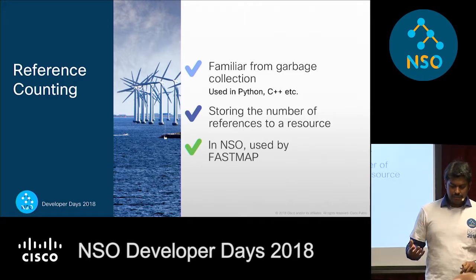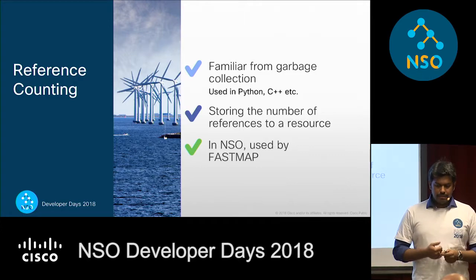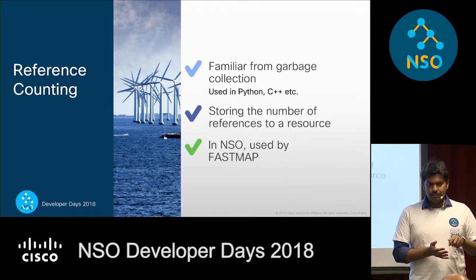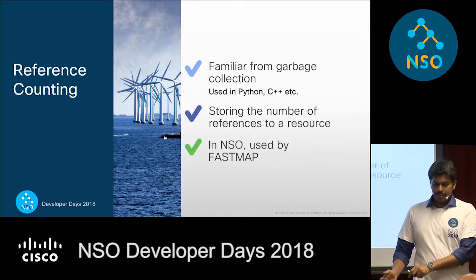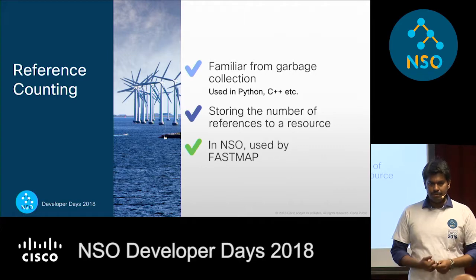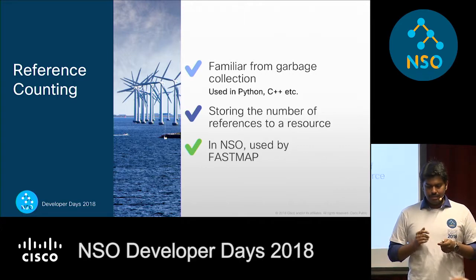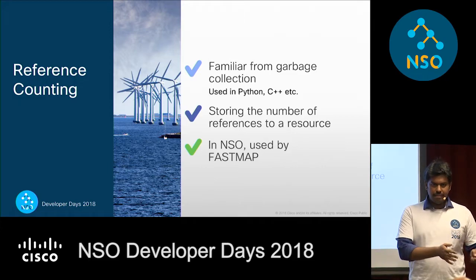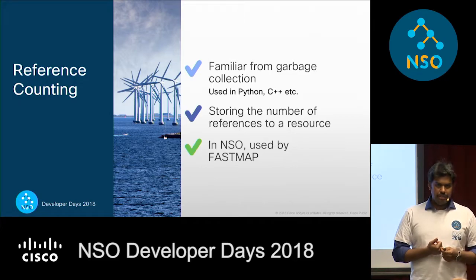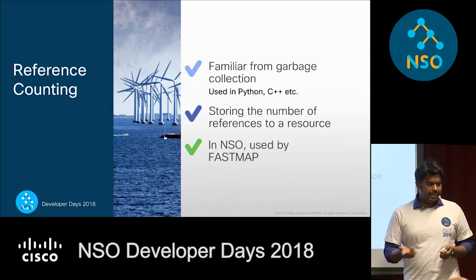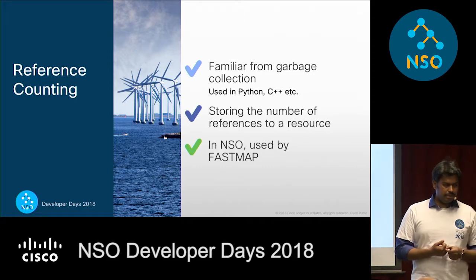So let's say if one of the services is deleted, you can delete the config that the service created by itself alone, because the dependency is only to this particular service. But the config that is shared between multiple services shouldn't be deleted. And that's taken care of by this reference counting and back pointers.